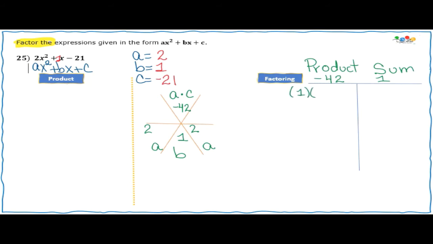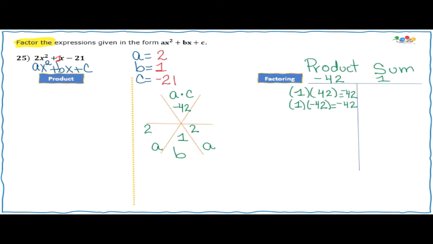And I'm going to ask you, 1 times who gives you a negative 42? Yes, 1 times 42, but you got to remember that one of them needs to be negative. So I always want to start with the first number being negative, and then I'll change it to the second number. So this gives me a negative 42. So the next one will be positive 1 times negative 42. I still get a negative 42.